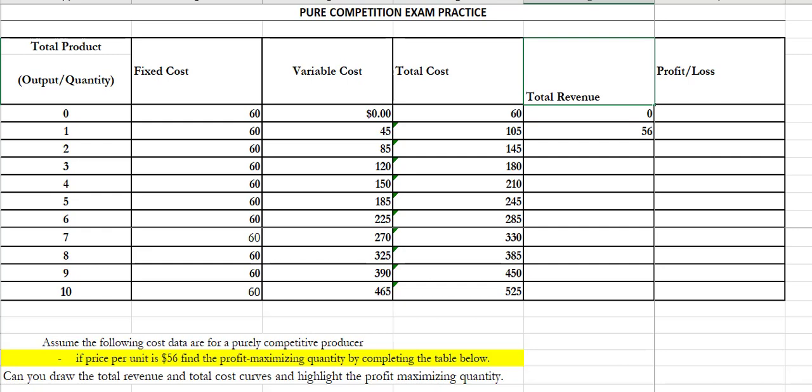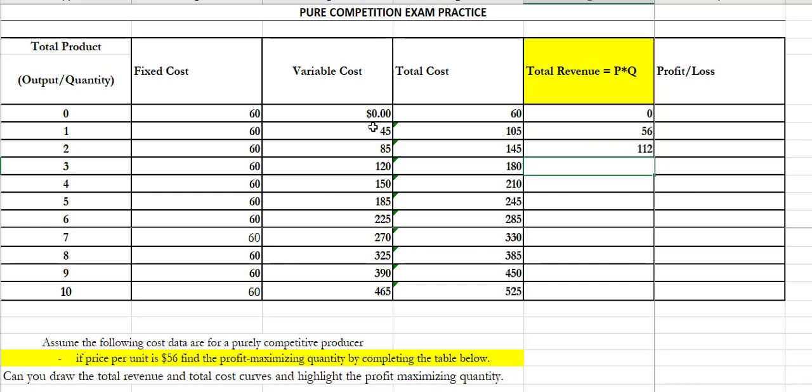What I want you to see is that total revenue is just equal to price multiplied by quantity. So your total revenue is price times quantity. That's what you're doing here. So if you do 2 units of the good, it would be the price times the quantity.